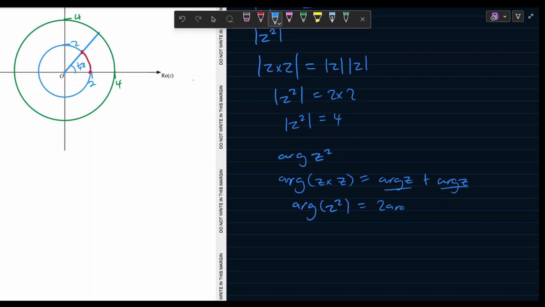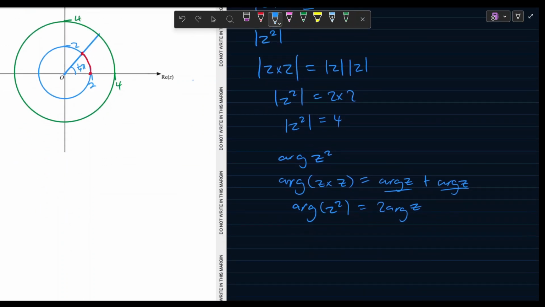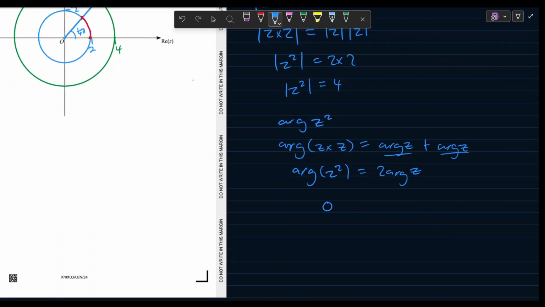Okay. So for z, we had that arg z is between 0 and a quarter pi. Once we move to z squared, this angle here is going to be 2 times arg z, so it's still going to be 0.